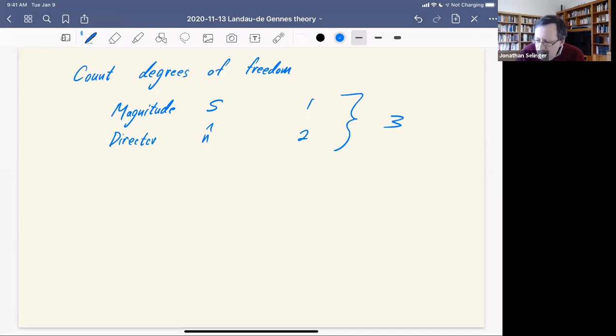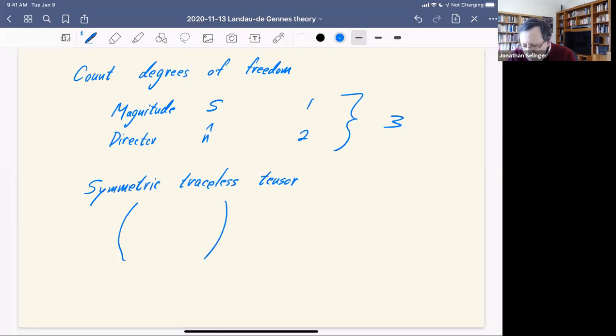But another way to look at it is to say that we have a symmetric traceless tensor. So what can we say about a symmetric traceless tensor? Well, how many elements do we have to choose?